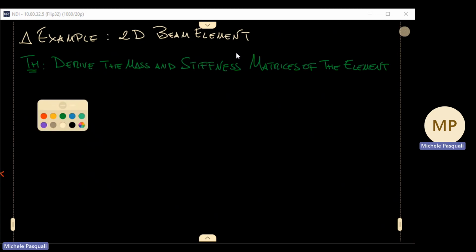Let's say prior to doing this, let's specify some of the relationships that we have already derived for the 3D case into the 2D case, so that we can ease our notation.